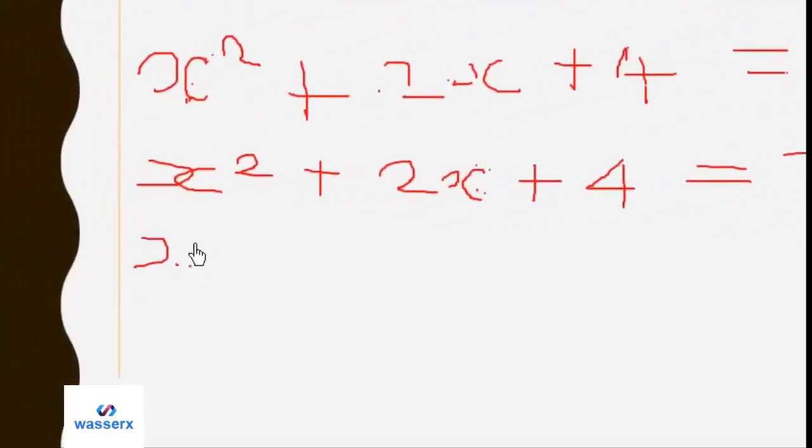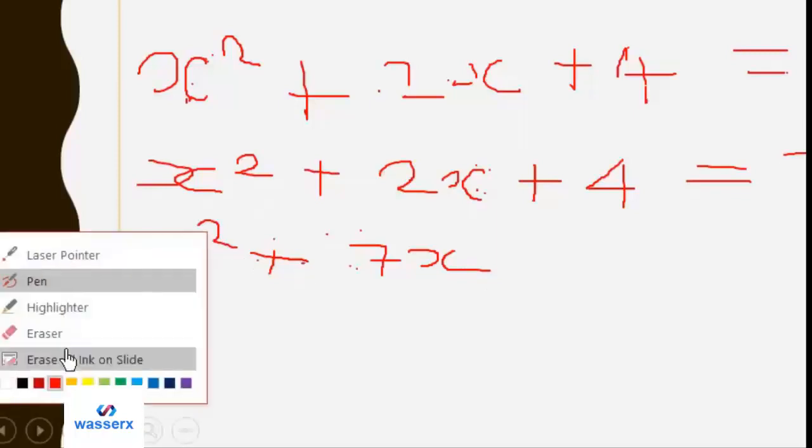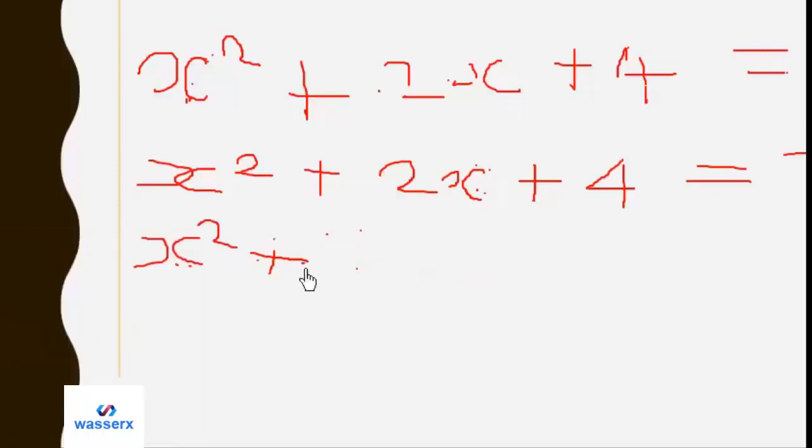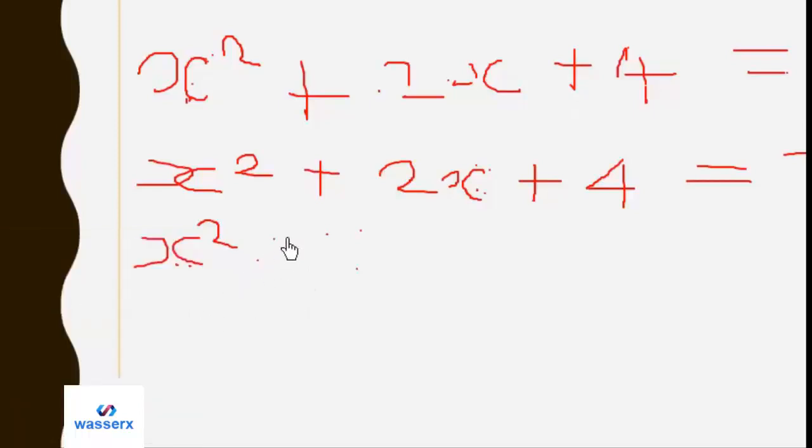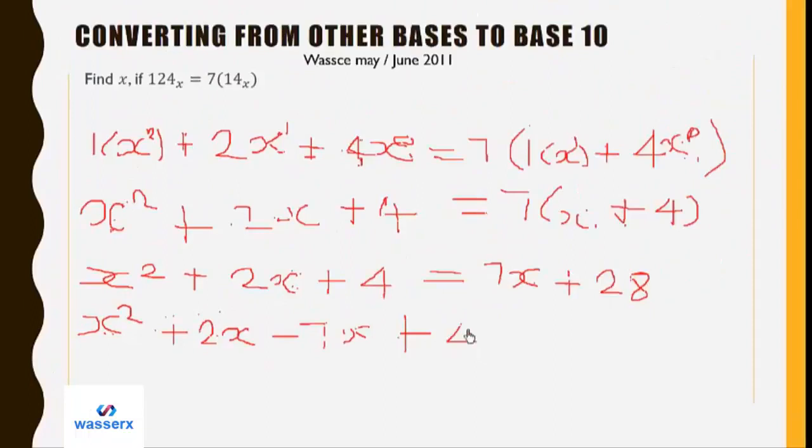Now we group like terms, so we have x squared plus 2x, then minus 7x, then plus 4 minus 28 is equal to 0.